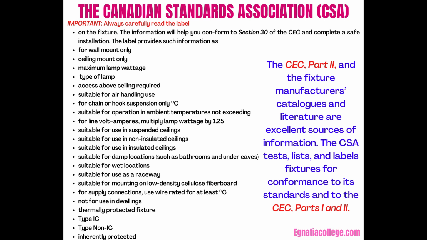The label provides such information as: for wall mount only, ceiling mount only, maximum lamp wattage, type of lamp, access above ceiling required, suitable for air handling use, for chain or hook suspension only, suitable for operation in ambient temperatures not exceeding a stated grade Celsius. For line volt amperes, multiply lamp wattage by 1.25.